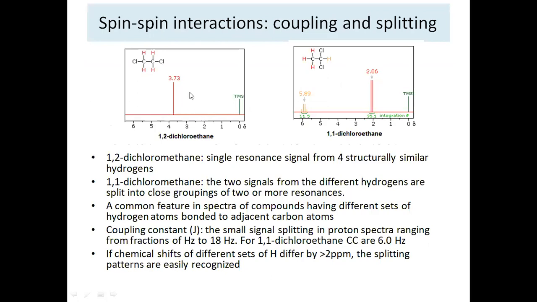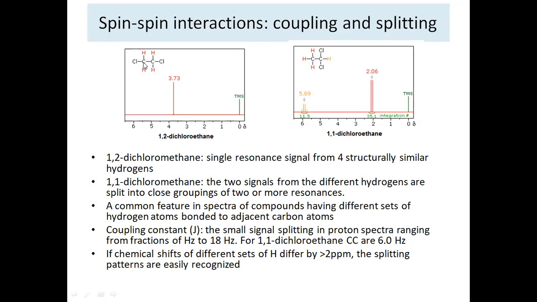Now I have two different compounds here. Can you see that? There are two images I have shown here. One is for 1,2-dichloroethane, and the other is 1,1-dichloroethane. In the first molecule, the two chlorine atoms are on two different carbon atoms.